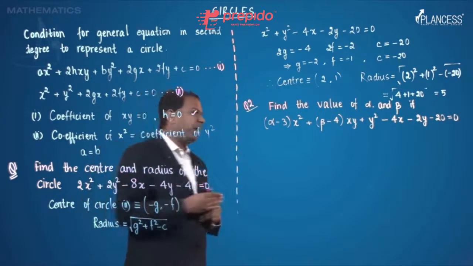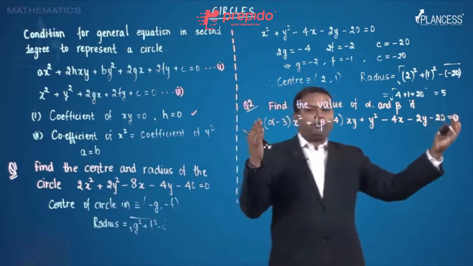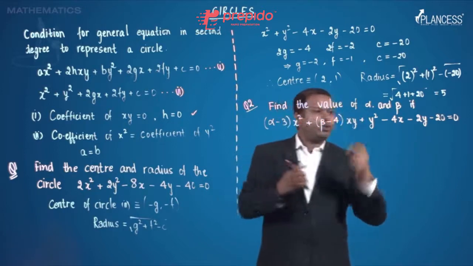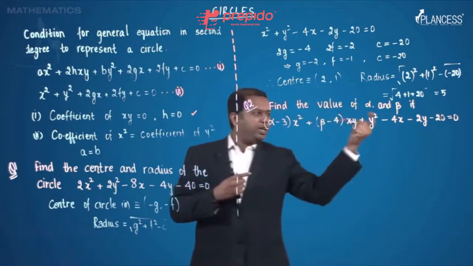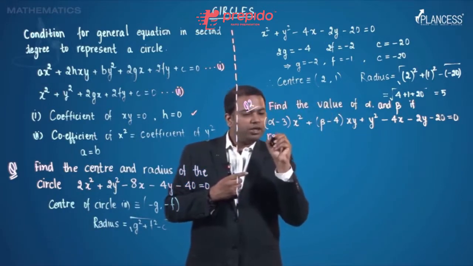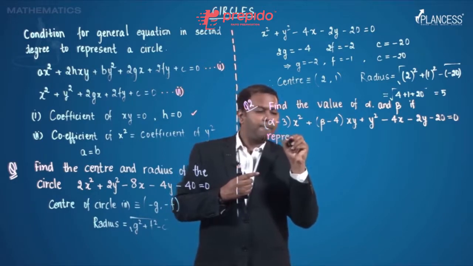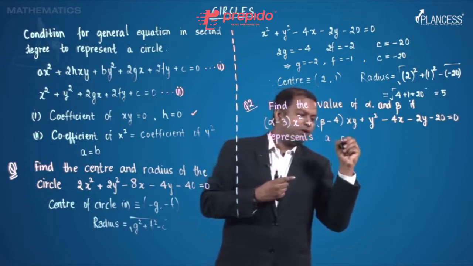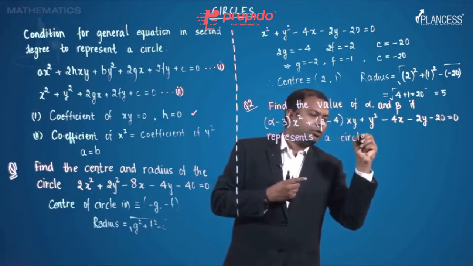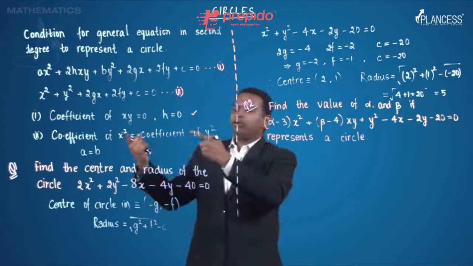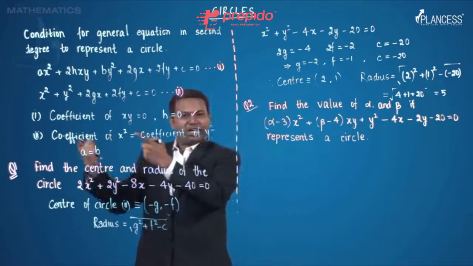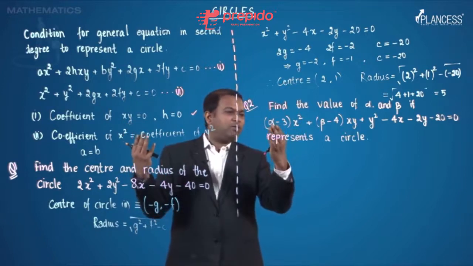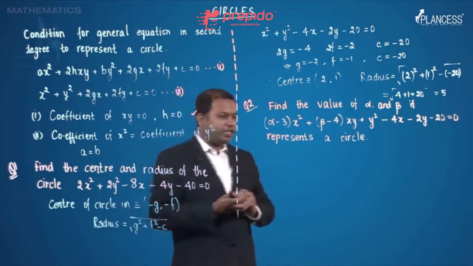So here we have an equation which is a general equation in 2 degree, and it is said that this equation represents a circle. If this equation represents a circle, so straight away we would go to the conditions that is given over here, and we'll try to find out the values of alpha and beta based on these two conditions.